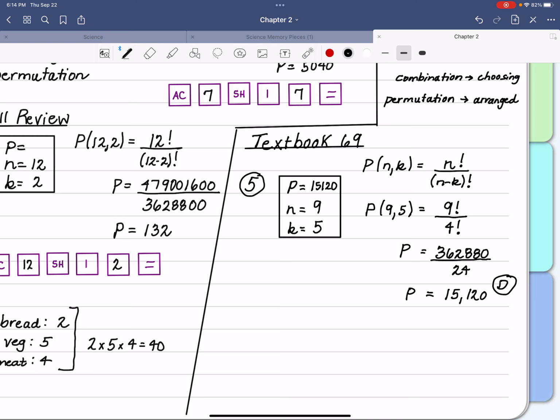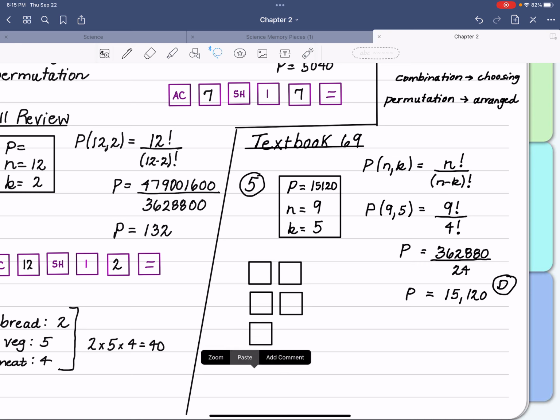But let's put this through the calculator just to make sure that you know how to do it that way as well. Those of you planning to go on to college, I would recommend knowing both ways because I think a knowledge of that formula will help you in college. Okay, so the first thing we want to do is clear the calculator. So that's all clear.